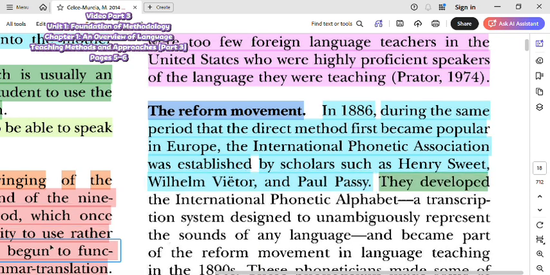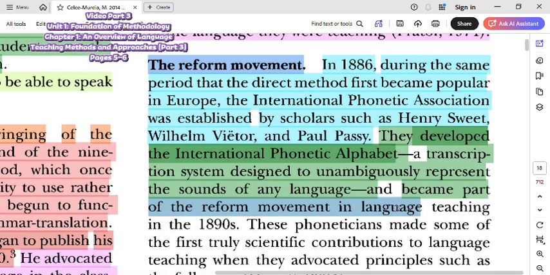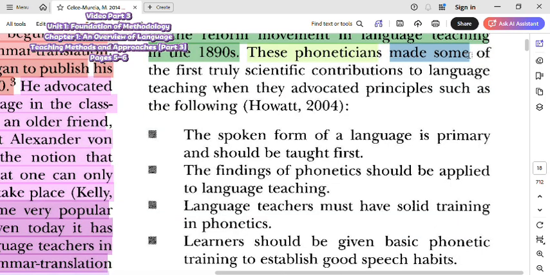They developed the International Phonetic Alphabet, a transcription system designed to unambiguously represent the sounds of any language, and became part of the reform movement in language teaching in the 1890s. These phoneticians made some of the first truly scientific contributions to language teaching when they advocated principles such as the following. In brackets, Howard, 2004.